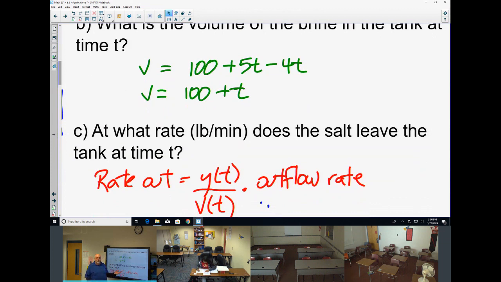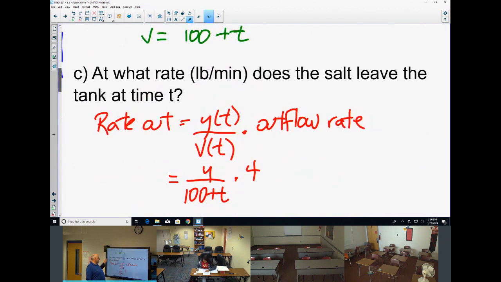So in this case, it's just y over V of t, which we just did, 100 plus t, times the outflow rate, which was 4. So it's going to be y over 100 plus t times 4. Okay? So any questions on that?